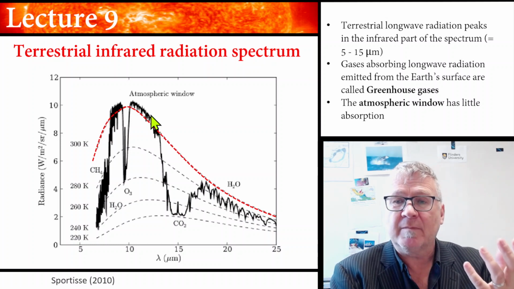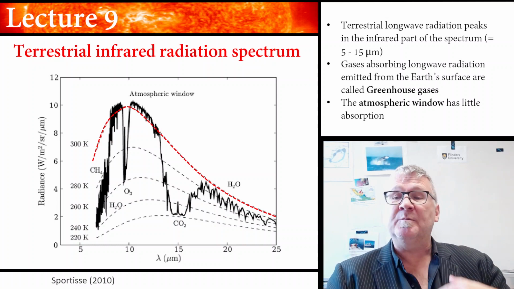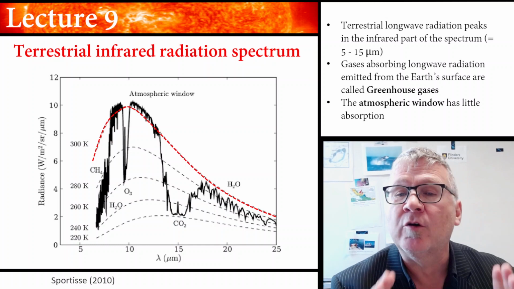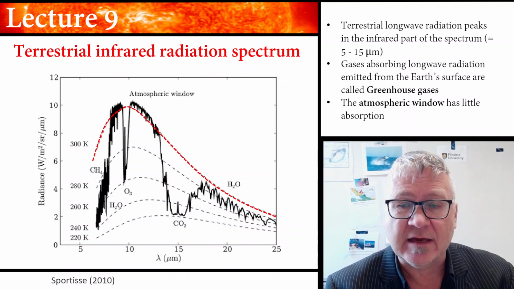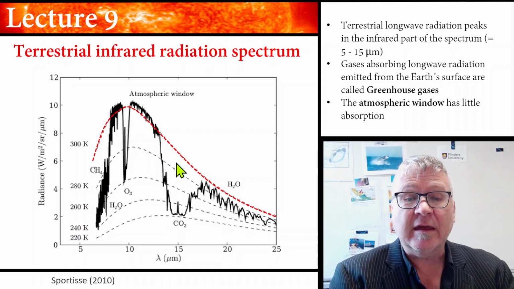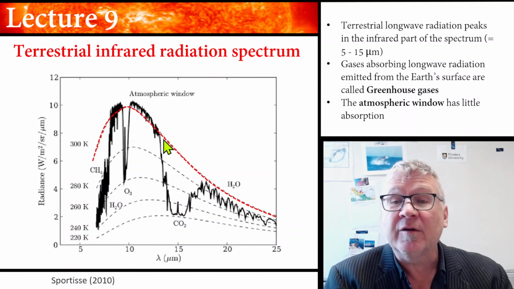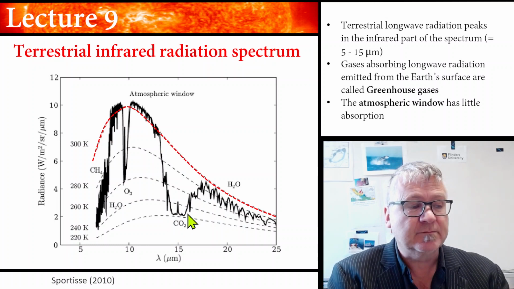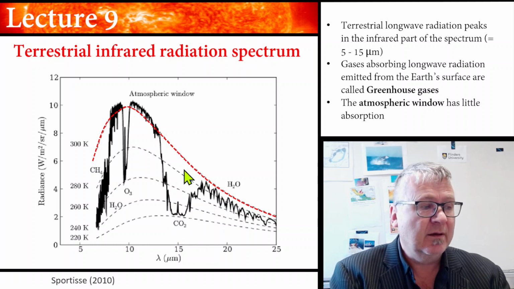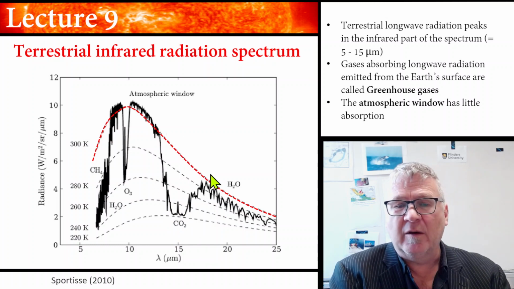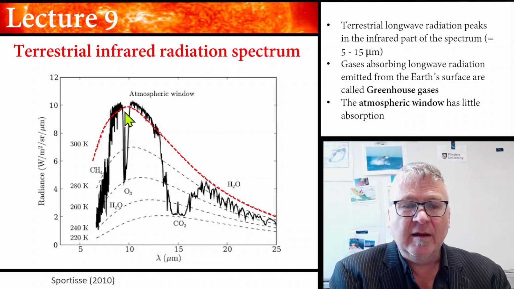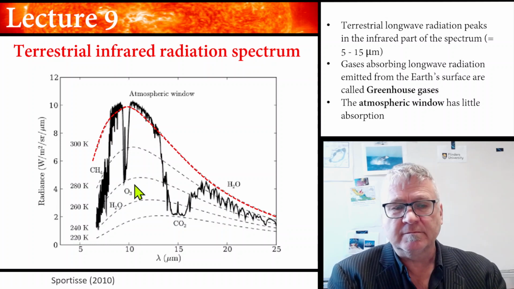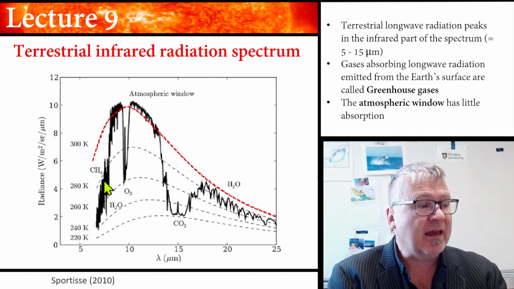The gases that absorb the long-wave radiation emitted from the Earth's surface are called greenhouse gases. You can see the key greenhouse gases are CO2, water vapor, ozone in this range too, and methane.